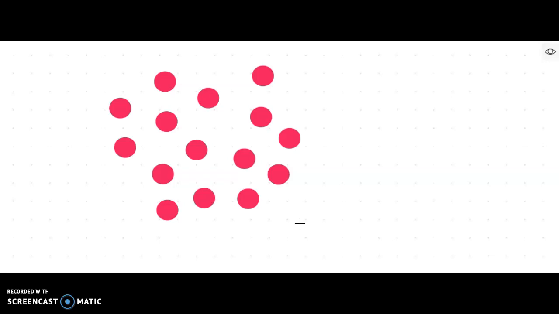Yep, there are 15 circles. When I say 15 circles, I mean that there are 15 total here, which means there are how many ones? Yep, there are 15 ones.